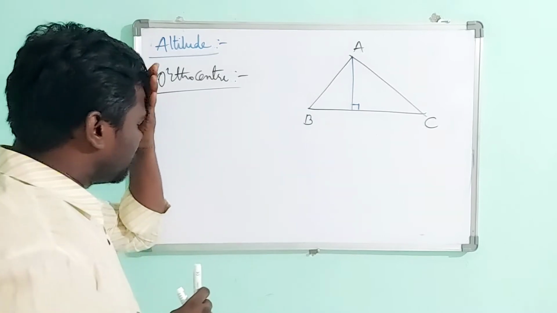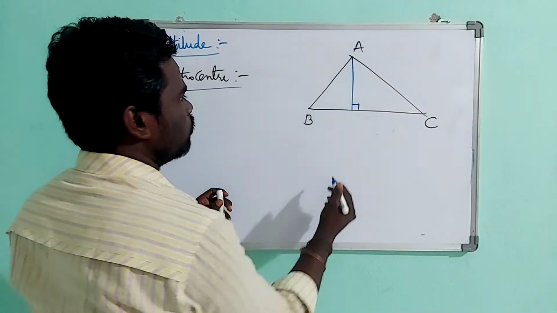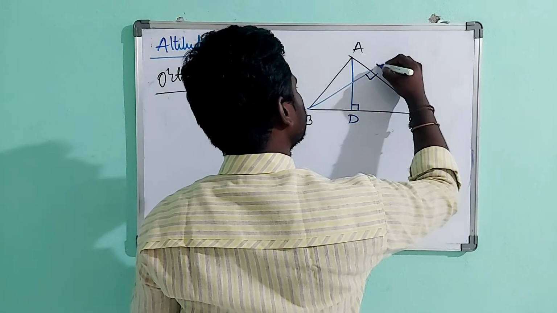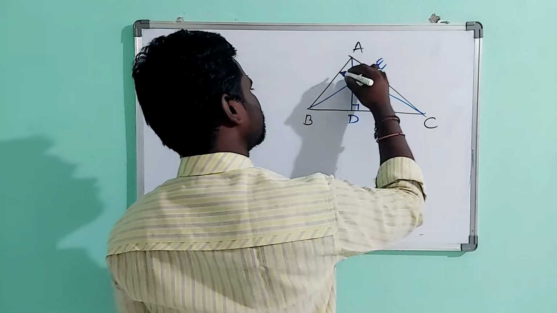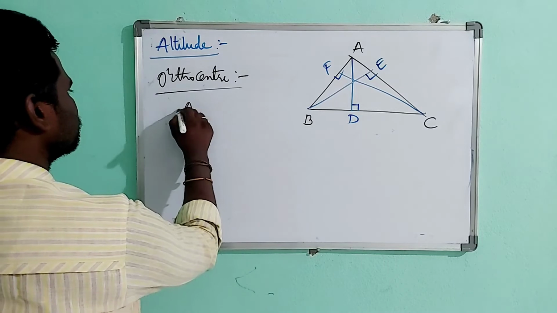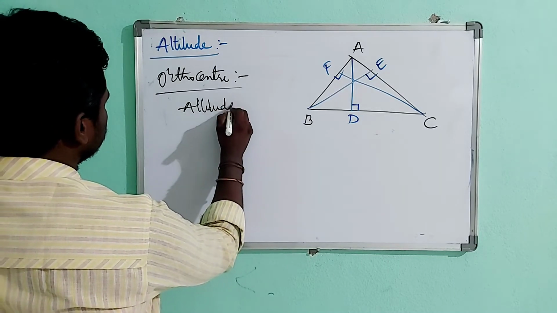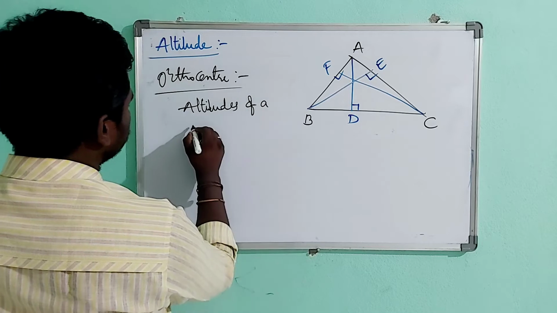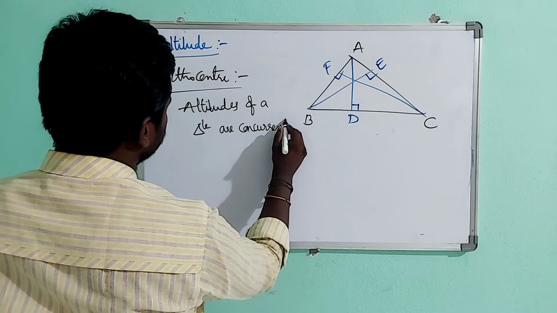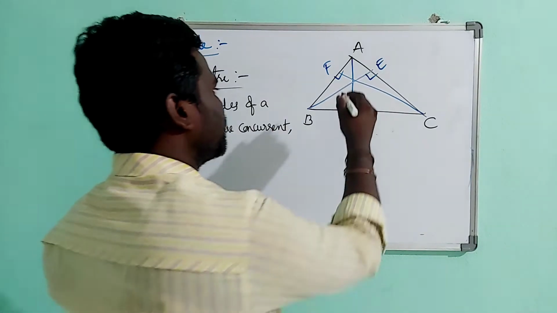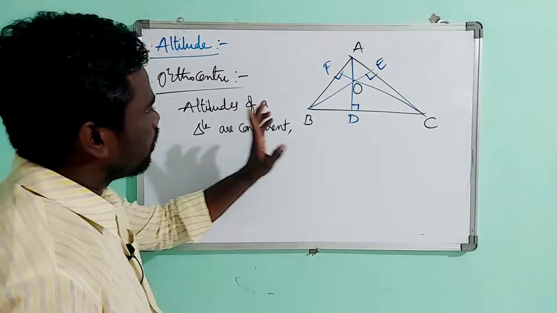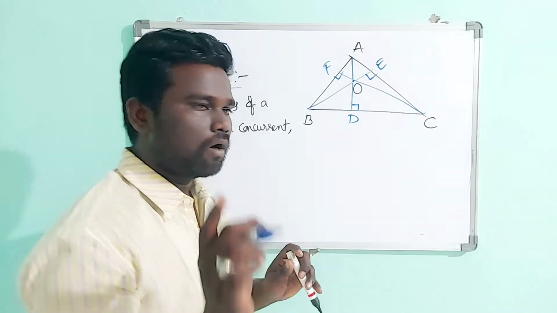We have three altitudes: one is from A to BC, another is from B to AC, that is BE, and finally from C. So if the altitudes of a triangle are concurrent, then the point of concurrency is called the orthocenter.